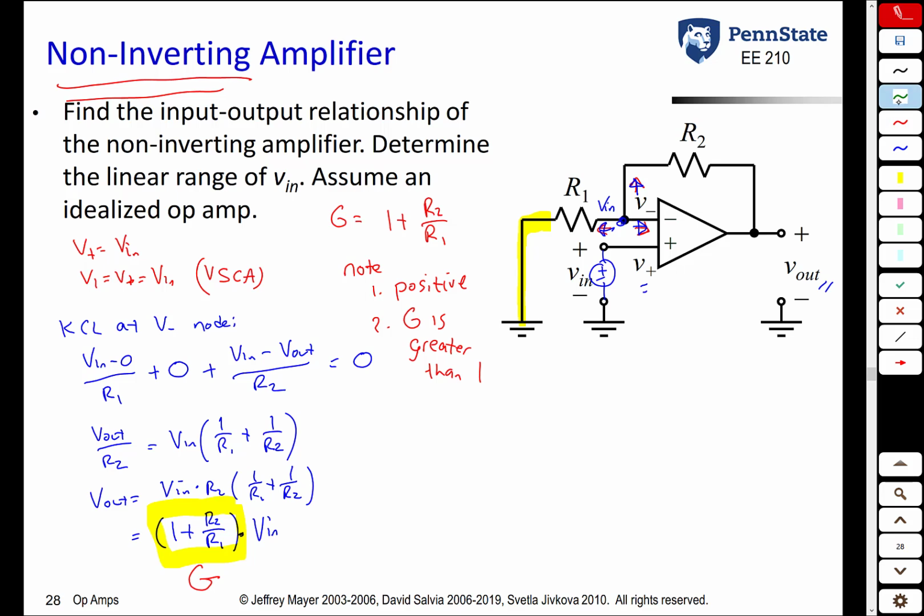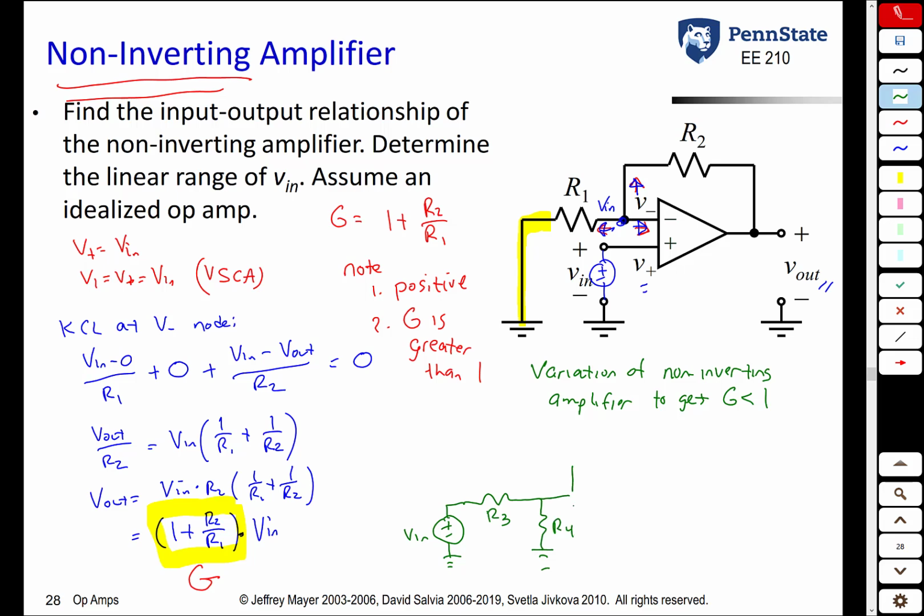Suppose you want a gain less than 1. What you need there is a variation. What you do in this variation is instead of connecting V in directly to the non-inverting terminal, you connect V in to the non-inverting terminal through a voltage divider. Put a resistor here called R3, a resistor here called R4.